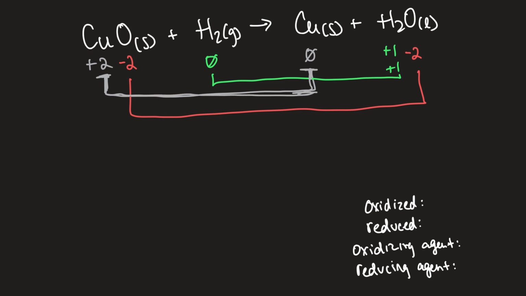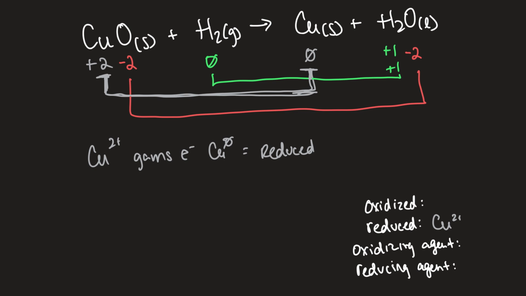So that means that copper gained electrons. If copper goes from +2, gains electrons to become copper 0, that means copper was reduced. So copper itself has been reduced. So Cu2+, that's what gets reduced.